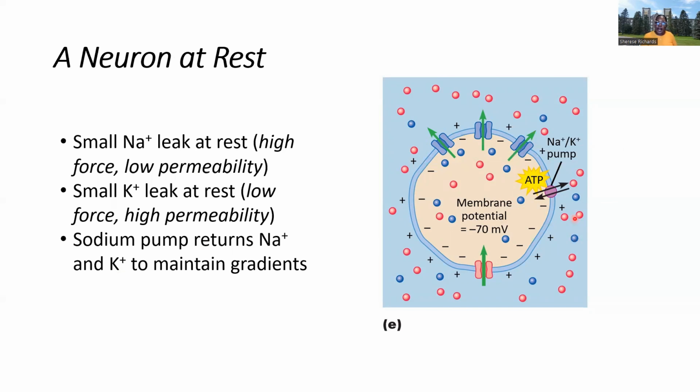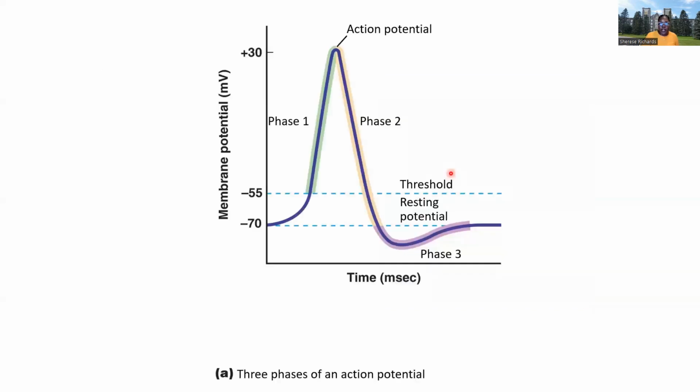As ions leak in one direction, they get pumped in the opposite direction. And that's what keeps the steady state. That's what establishes no further net accumulation of particles on either side. And if you check any neuron at rest, it's always going to be negative 70 because these movements are being balanced out.